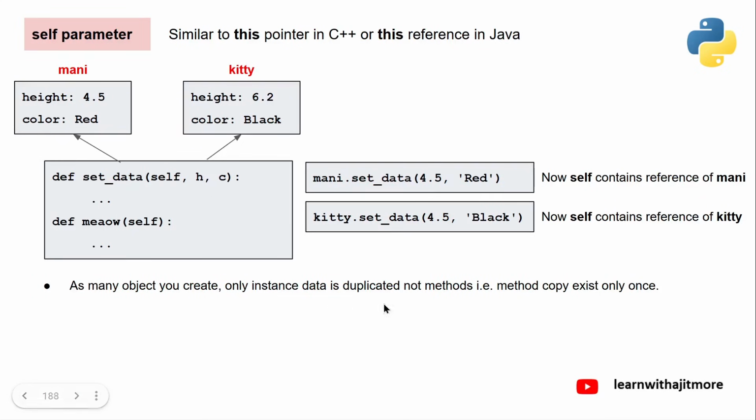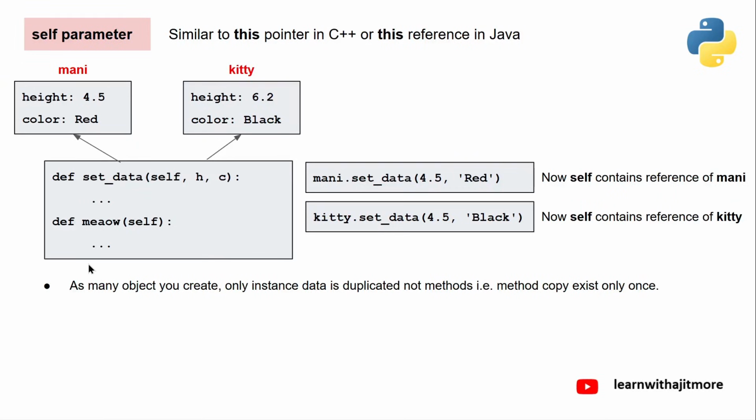So here the explanation is: create as many objects as you want. Only the data is duplicated, not the methods. The method copy remains only once in the class space. Is it clear?